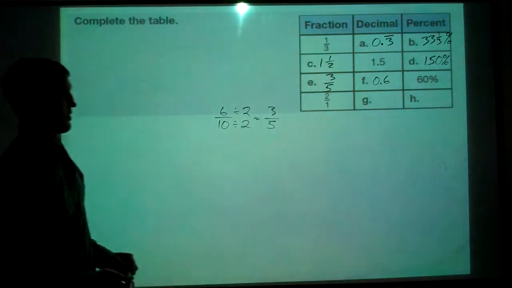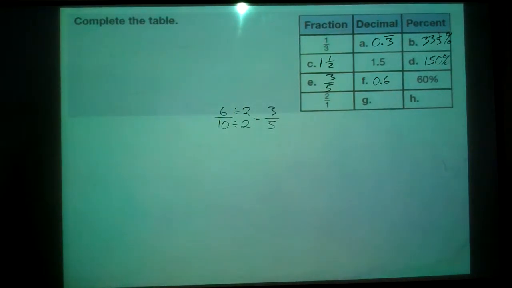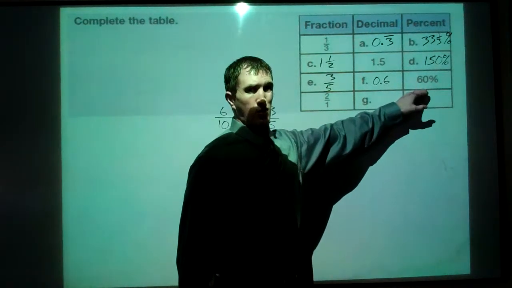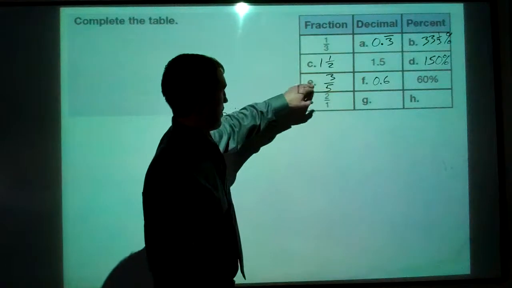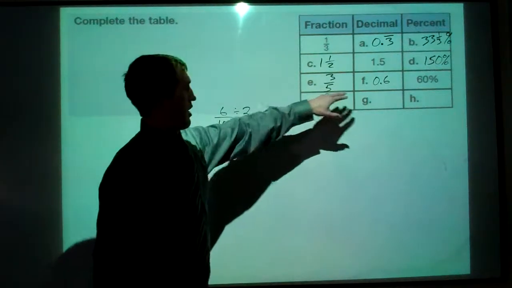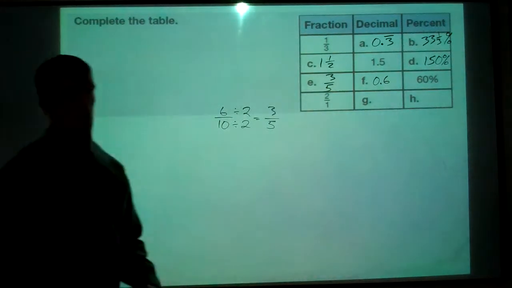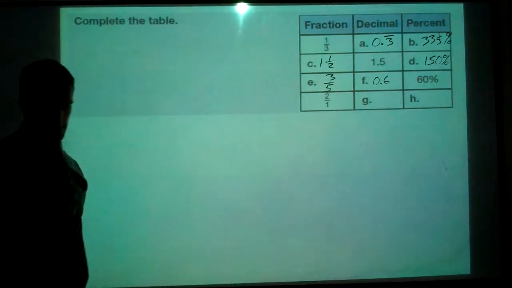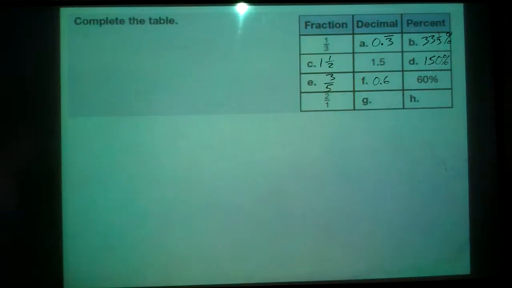Okay. Didn't have to go to the decimal first. We could have taken 60/100 as a fraction and reduced it to 3/5, and then gone and got our decimal. That would have been okay too. So 3 divided by 5 should be 0.6, and it is.